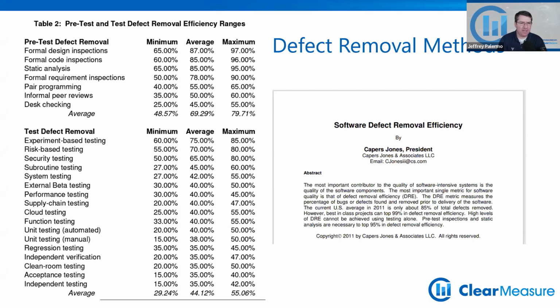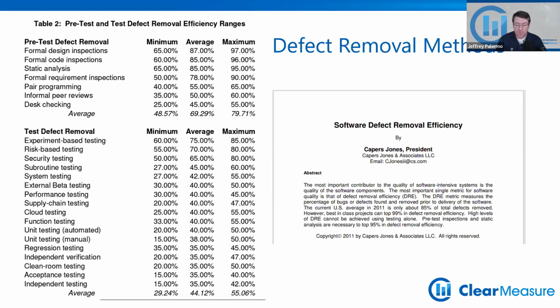And then you add on some of the testing techniques, and then you add on static analysis. In his research, that combination is the most effective and reliably gets teams around 97% and above defect removal efficiency.